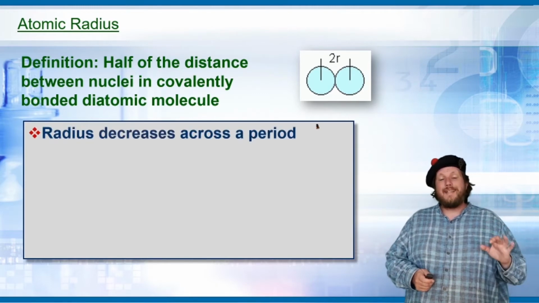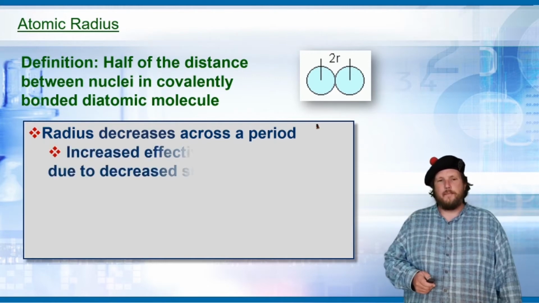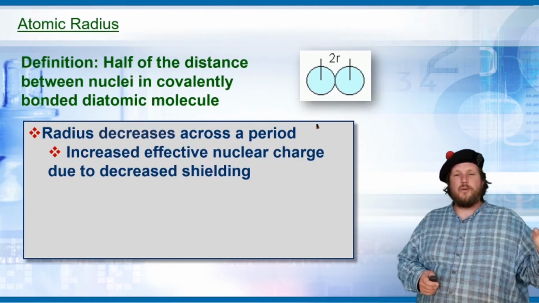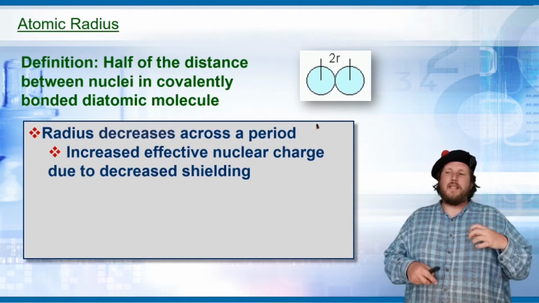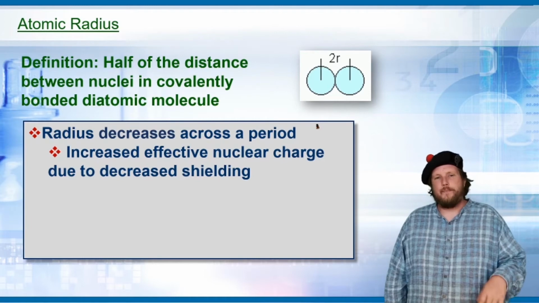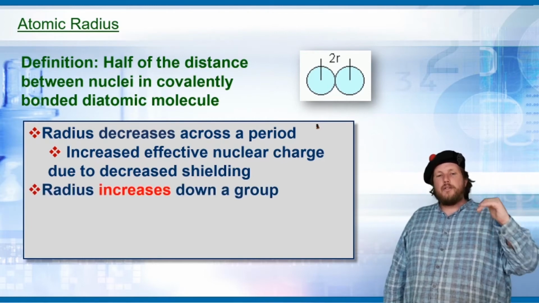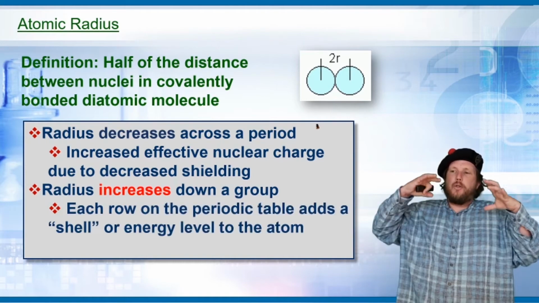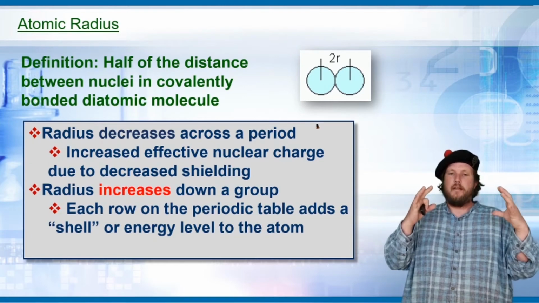So the radius decreases as you go across a row or a period. There's increased effective nuclear charge, so as you go across you get more protons in the middle, which means the outer electrons feel more positive charge. The radius increases as you go down a group, because each row in the periodic table adds another shell of electrons, and that's why you see that big jump in radius.